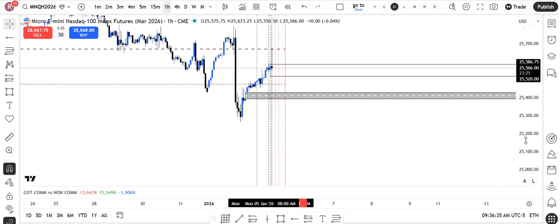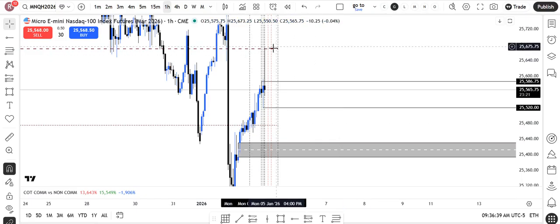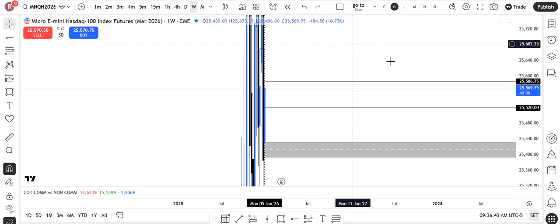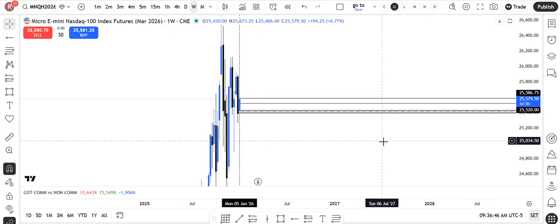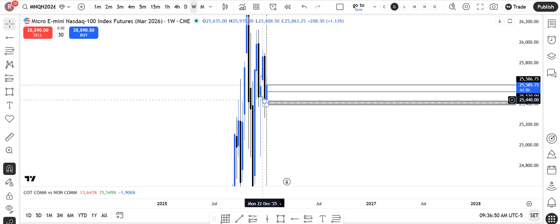Look at that. Comes up, hits that level right there, which I was starting to show you, so I didn't finish explaining this. So that level is what this is. On this weekly candle, since we close below this candle's opening price, this becomes an order block.